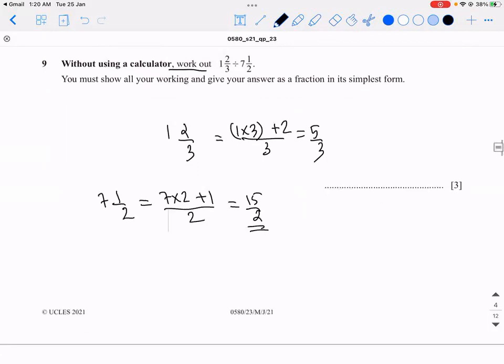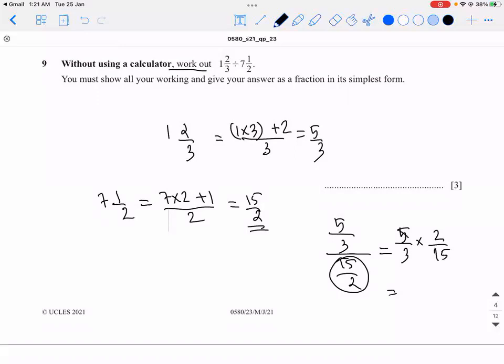Then what are they asking? They are asking us to divide 5 over 3 by 15 over 2. And we know if you want to divide two fractions, we have to flip the numerator and denominator of the second fraction, correct? So this becomes 5 over 3 multiplied by 2 over 15.